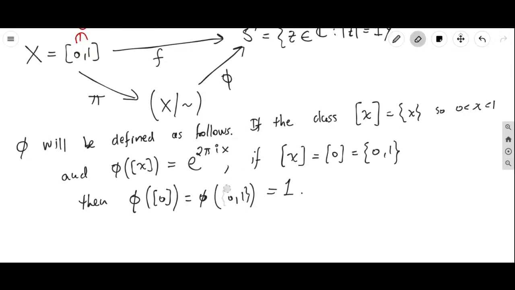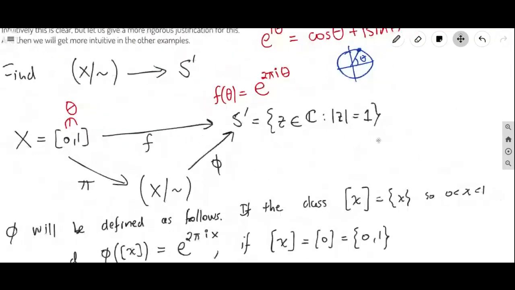And notice there is no problem, because if you set theta equal to 0, you have e to the 0, which is 1. If you set theta equal to 1, that would be e to the 2 pi i times 1, but by Euler's identity, that is 1 again. So whether you use 0 or 1, they get mapped to the same point, which is 1.